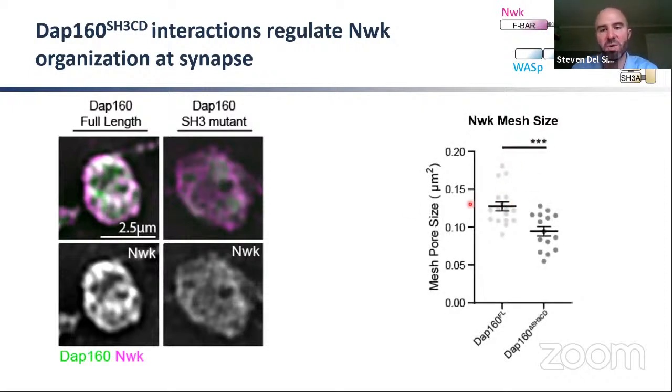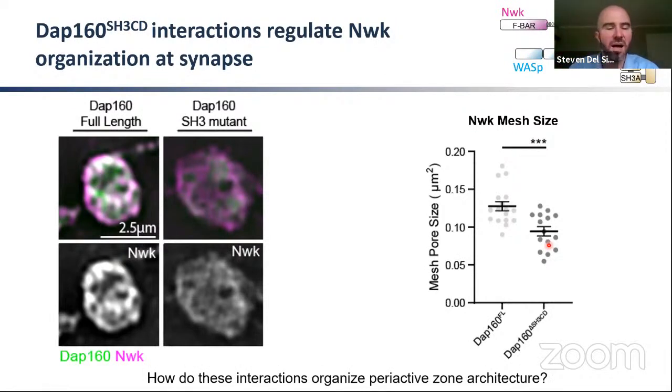And that's quantified here with this mesh pore size. So basically, how big are all these gaps in the reticulum? And it's significantly smaller in the mutant. So suggesting that it's becoming fragmented and collapsed. And so the upshot here is that the same interactions that are controlling the activity of these proteins are also controlling their distribution and micron scale architecture.